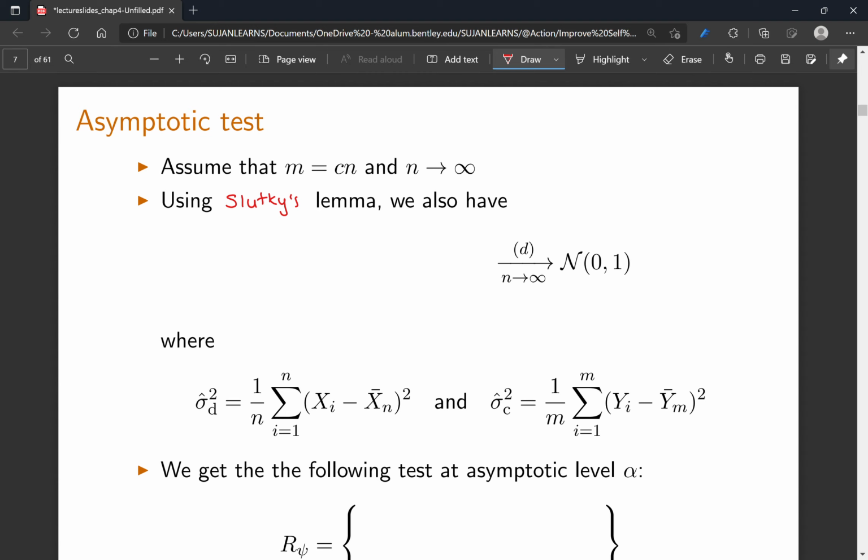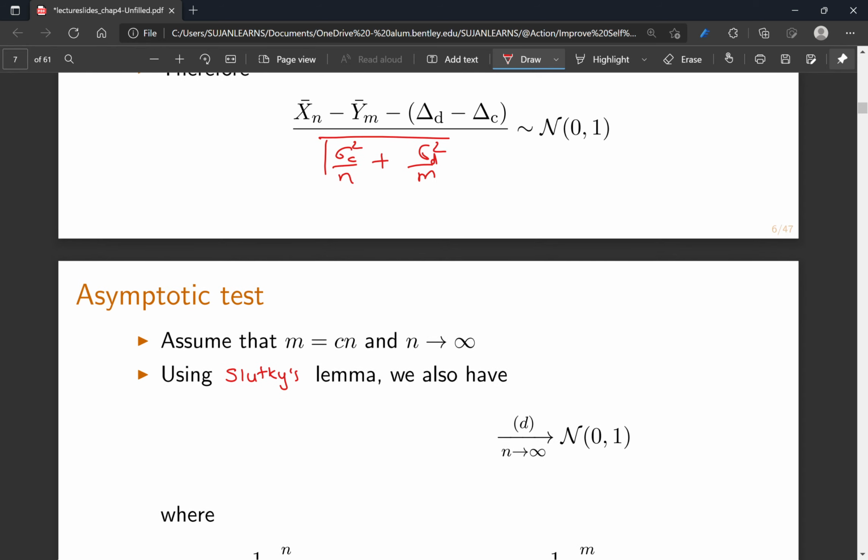This is a lemma that helps us to substitute these values with sample averages. And when we do that, we'll get an expression that we can use in daily life to compute whatever we need to test.